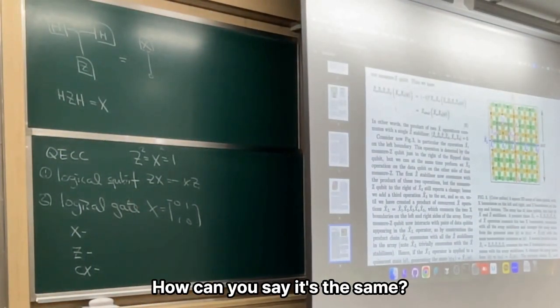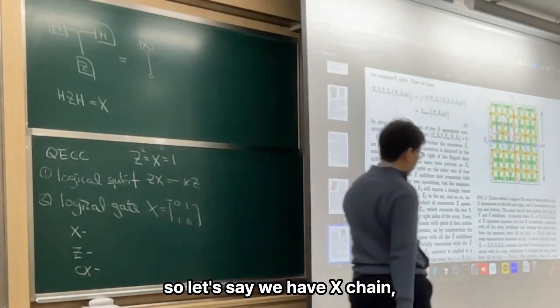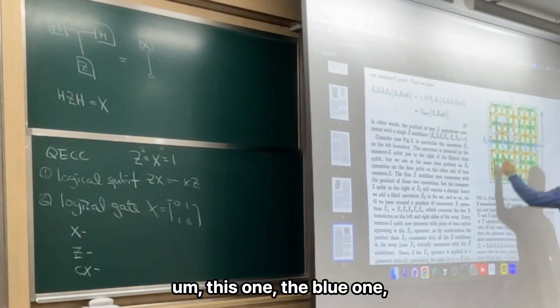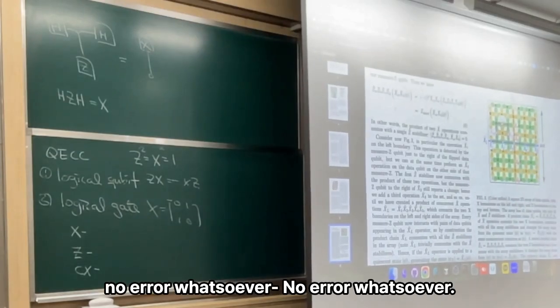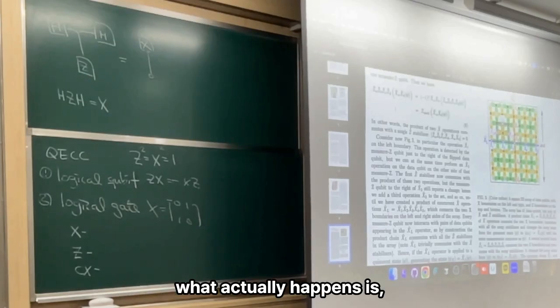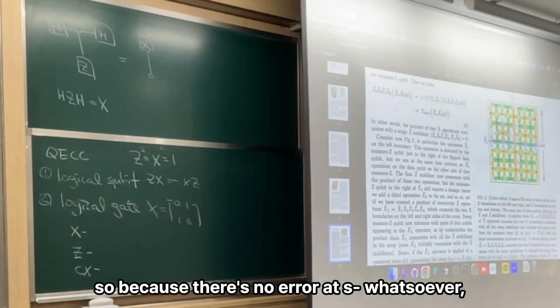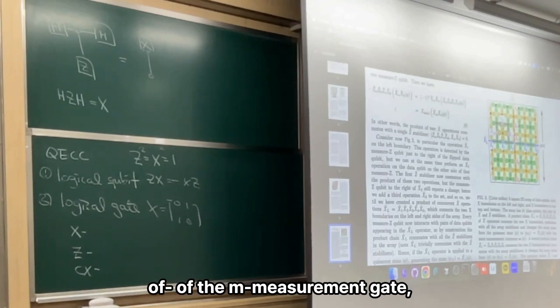How can you say it's the same? Let's say we have the X chain, the blue one, and suppose there is no error whatsoever. Every time you take a measurement, because there's no error, there are not going to be any changes in the signature of the readout of the measurement.